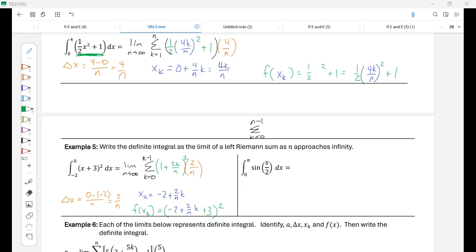Cool. All right. So try number 5, the integral of sine of x over 2 dx from 0 to pi.